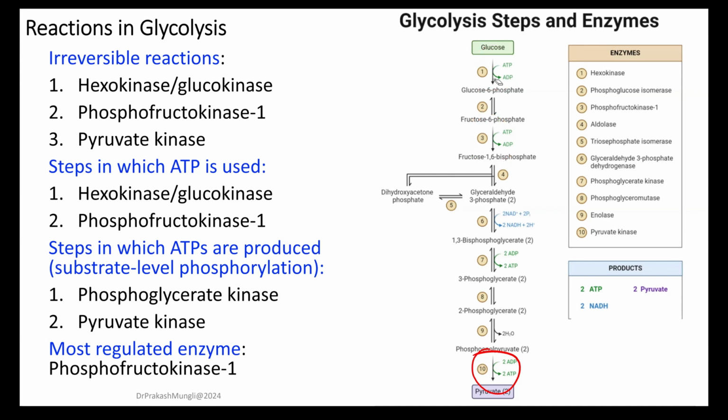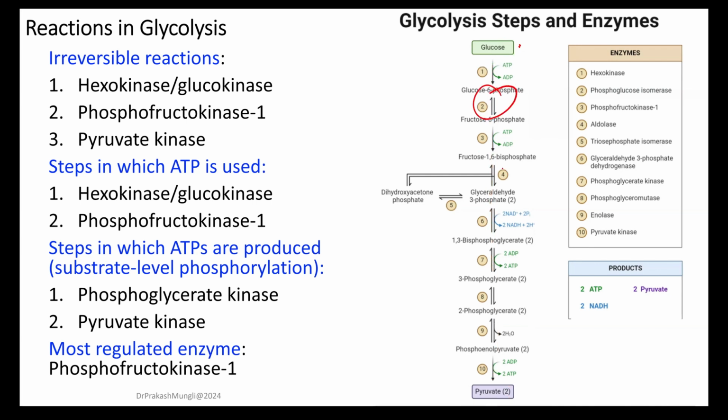How about instead of running from top to bottom like this, you conduct the reactions in reverse order? You take 2 pyruvate and go all the way up to glucose. That's gluconeogenesis.